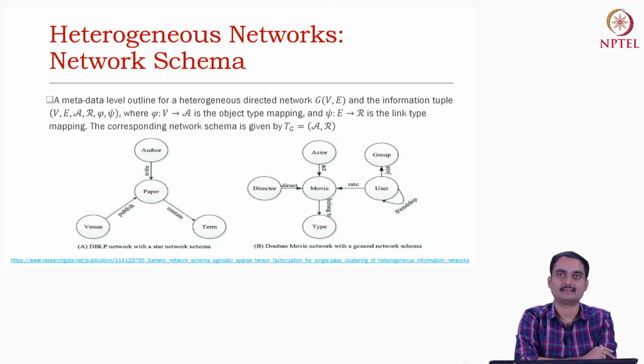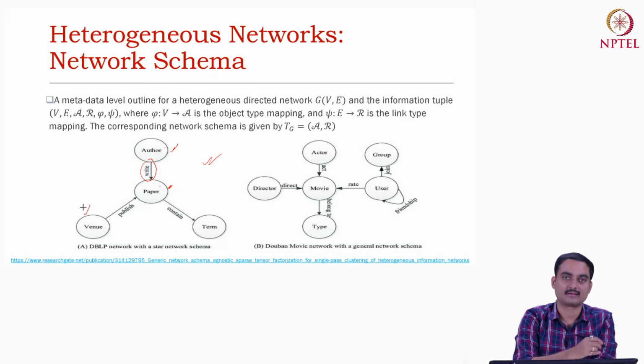Say you define a schema like this on a citation network, which means that an author can only be connected to a paper through the edge type write. So, an author can write a paper.